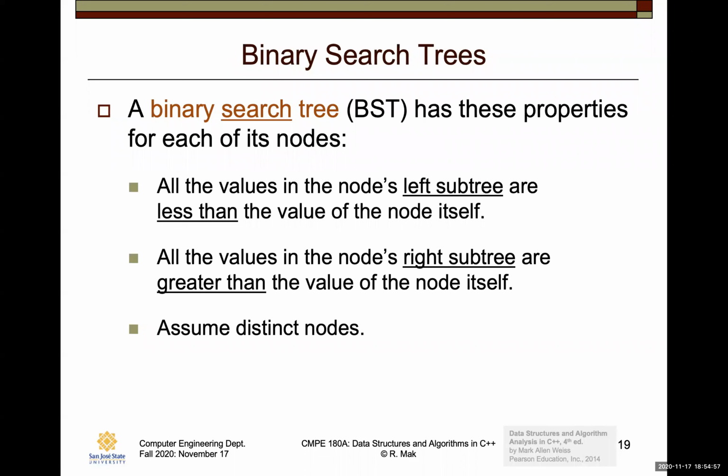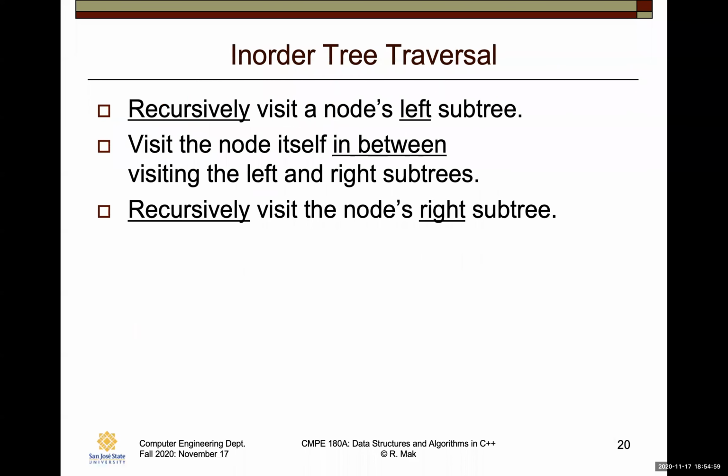Before I show you an example of a binary search tree, I want to talk about in-order tree traversal. So we already saw pre-order, post-order, and now in-order. The way that works, you're going to recursively visit the node's left subtree. So you go down the path of the left child, and then you visit the node itself, and then you visit the node's right subtree.